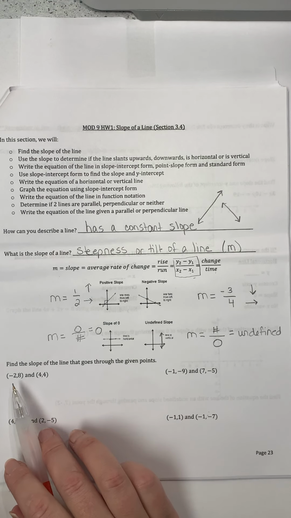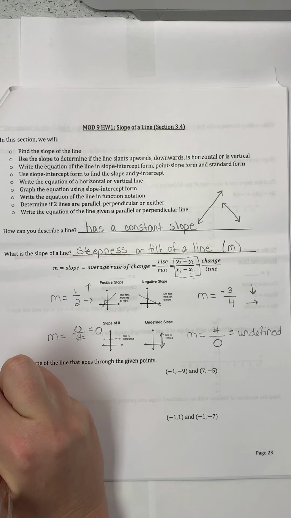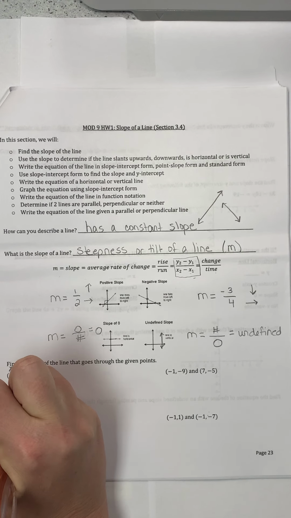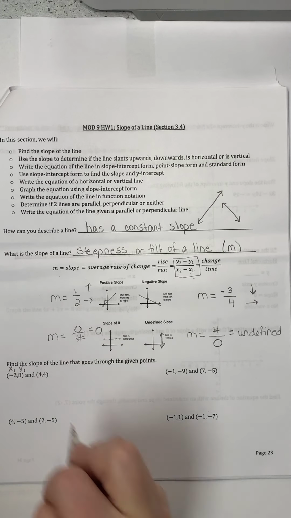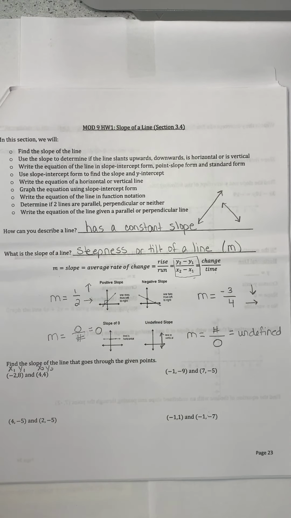All right, now what if I give you 2 points and I want you to find the slope through these 2 points? Well, the first thing you're going to do is label them. So this would be point 1, so it's going to be x1, y1. This is point 2, so it's going to be x2, y2.